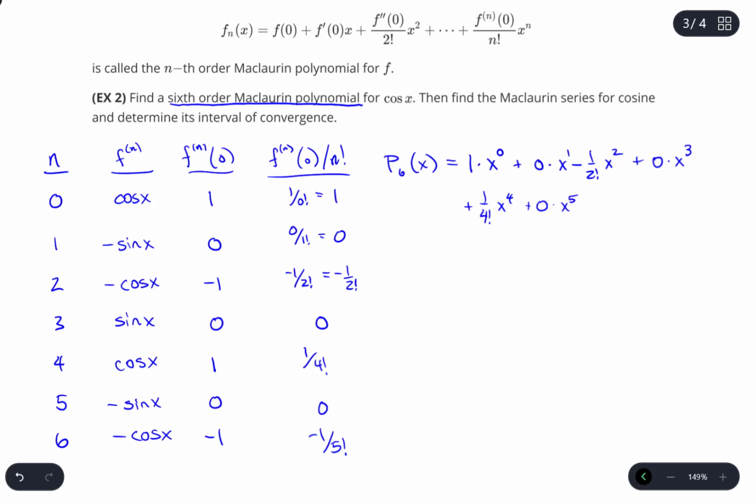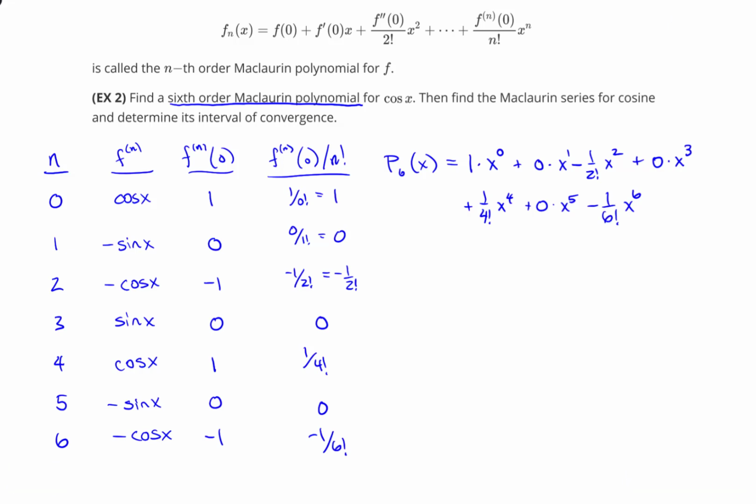Of course I could leave those terms out, I'm just emphasizing. Minus 1 over 5 factorial x to the 6th. And I just realized I put that 5 factorial out of habit. That actually should be 6 factorial. Apologize for that. You probably caught that already.